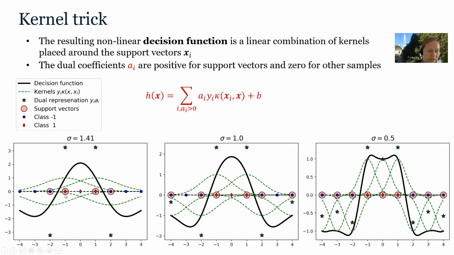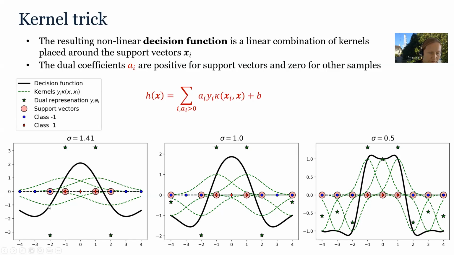You see that in this case we have only 4 support vectors, 2 positive and 2 negative, and there are 4 kernels plotted here. We have plotted these kernels multiplied by the label. So if the sample is positive, like this one, the kernel will be positive as well. And if the sample is negative, like this one, the kernel is plotted negative.